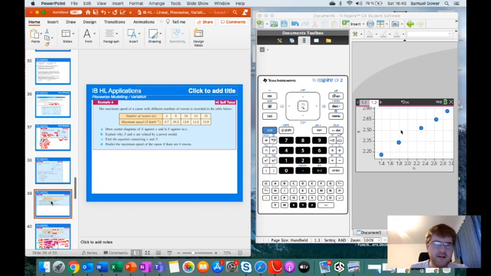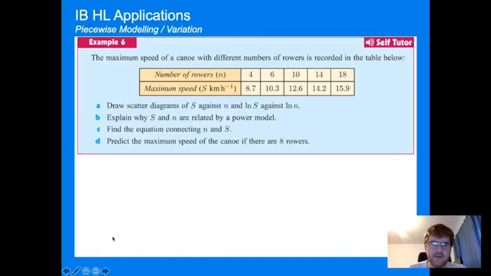Now, the tricky part is, why do we actually need to have this? Now, the explanation of why S and N are related by a power model, so let me just go into this quickly. So the explanation here is that the graph of ln N and ln S is linear.